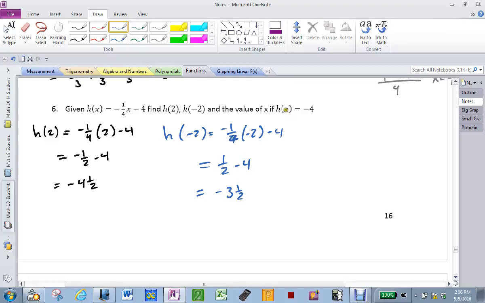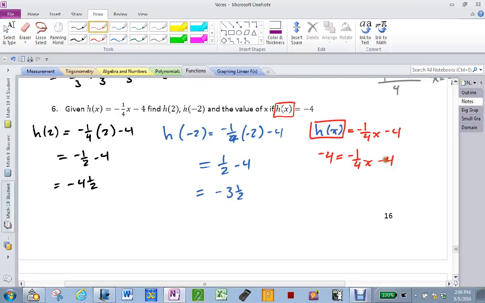Okay. Now, what's this last one? H of x, I should change colors, equals negative 1/4 x minus 4. What do I know here? Do I know x? No. Do I know the whole h of x? So what can I replace? I can replace the whole h of x with what? Negative 4 equals negative 1/4 x minus 4.